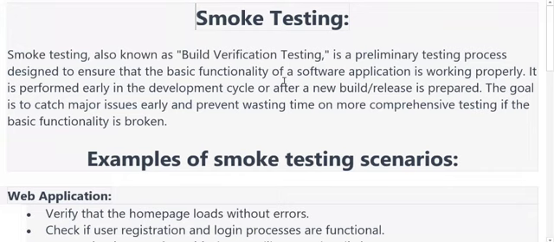First of all, smoke testing is used to test the basic functionality of the software. So it will check the basic functionality of the software application, and its main advantage is that it catches the major issues early, preventing wasted time on more comprehensive testing.